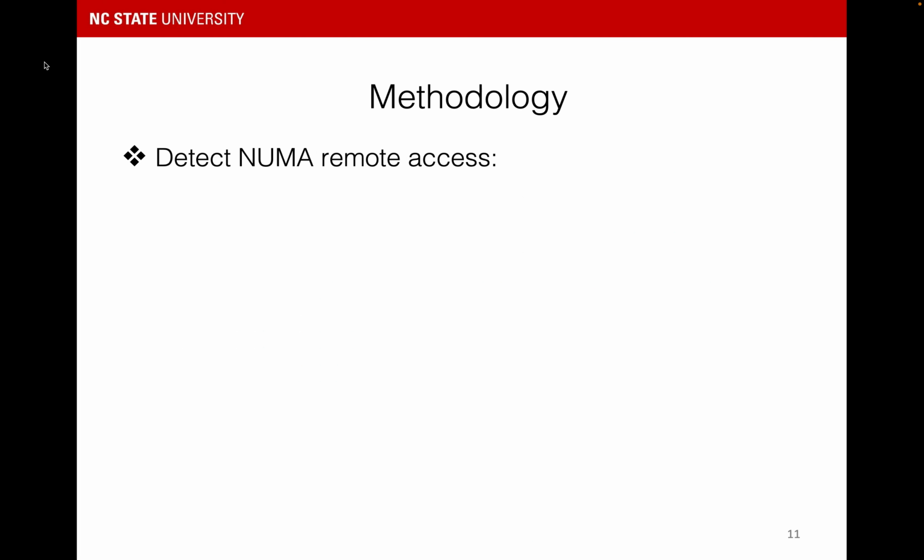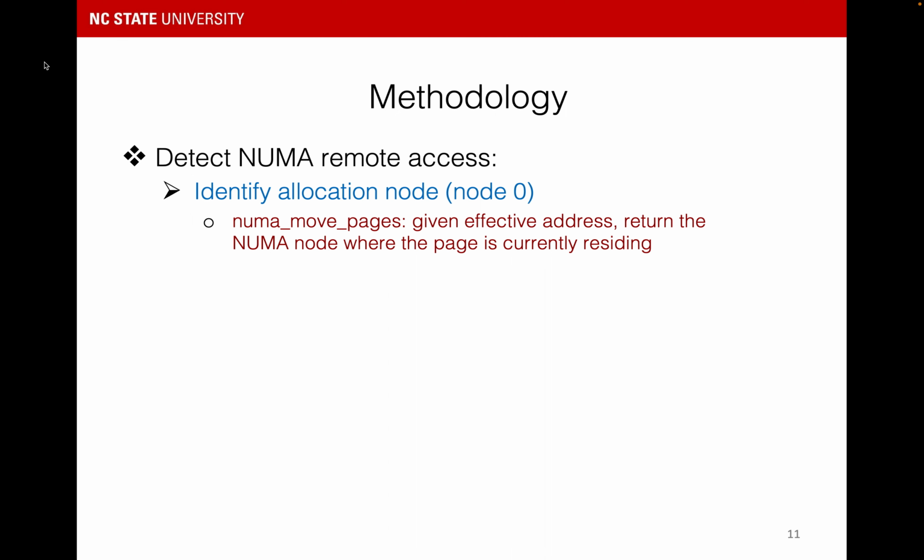Also, as I showed before, DJXPerf can be used to detect NUMA remote access. Here are the basic ideas. On the PMU sample, DJXPerf uses the effective address to identify a memory page in the libnuma library function, move_pages. The move_pages function not only can move a specified page to a NUMA node, but it can also return the NUMA node where the page is currently residing.